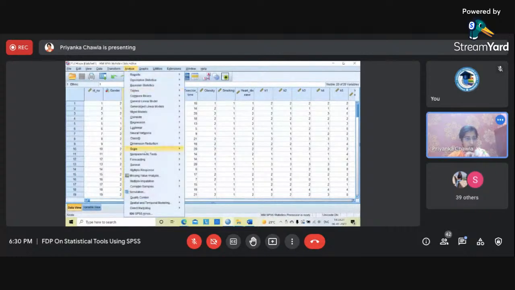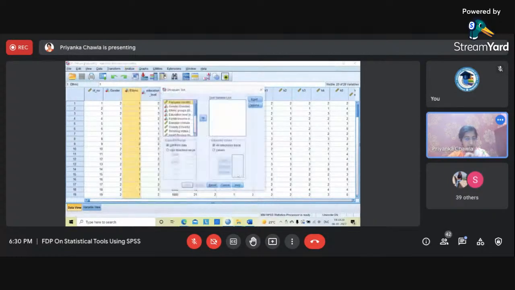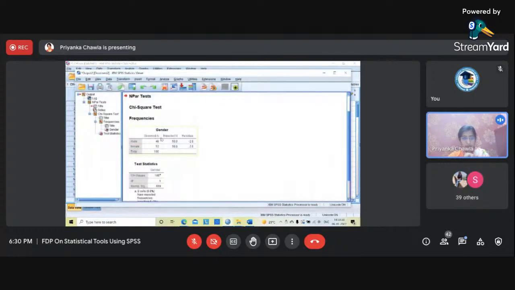Go to analyze, non-parametric, and then chi-square, right? Just click on this gender, transfer this, and click on OK. How can you describe this? So, before describing this, what is the hypothesis? What will be the hypothesis you will formulate? Any idea about this?